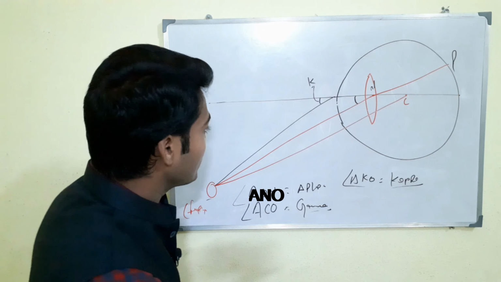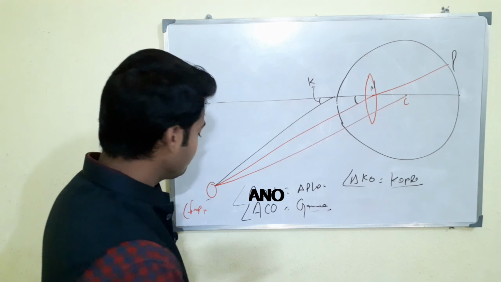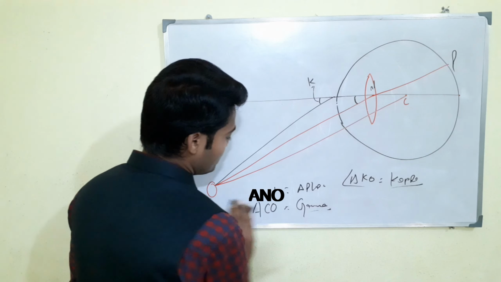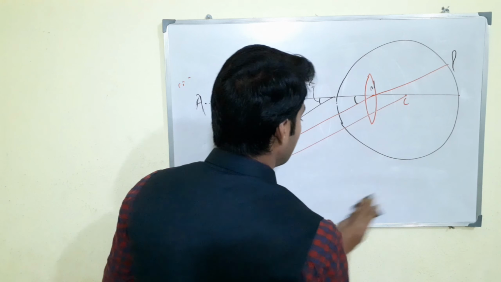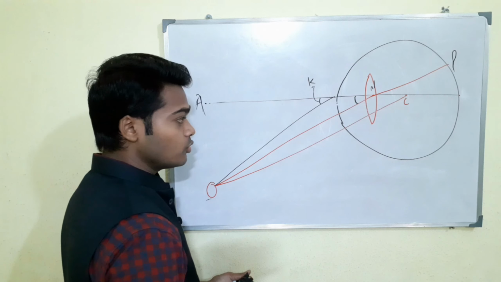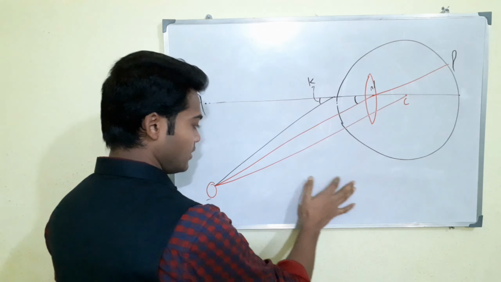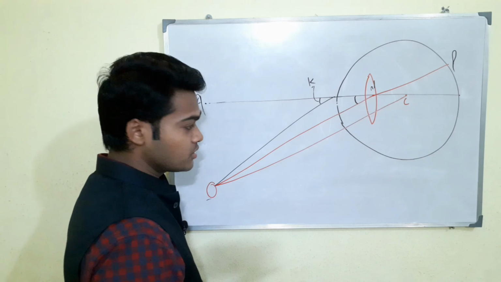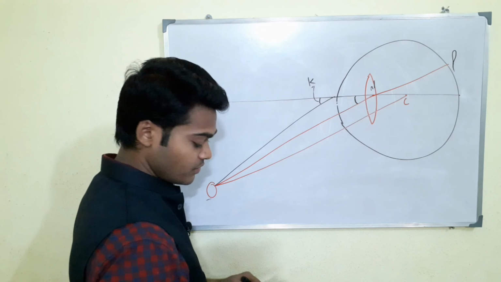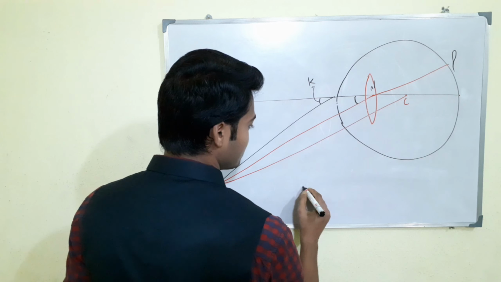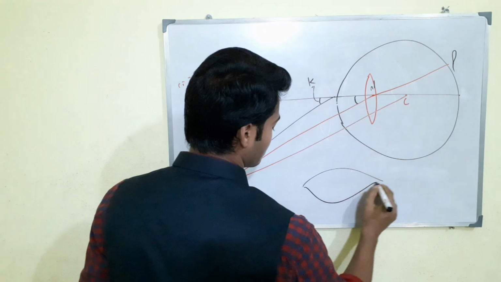Now I will show you the importance of this. We normally use angle kappa when we flash a ray of light, and we use an image, the Purkinje image, which I already told you about in a previous session.